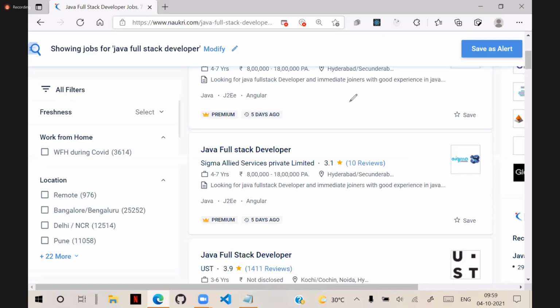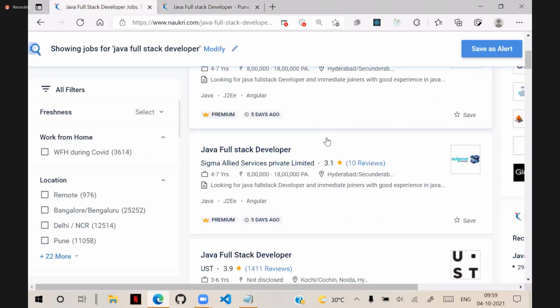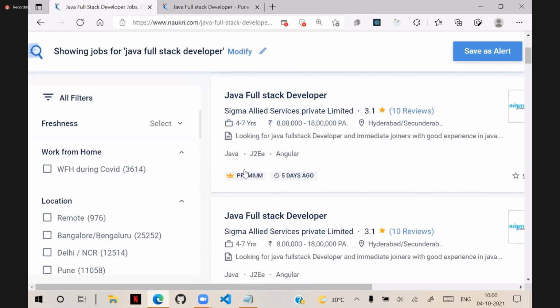You can see the companies here, what they ask. You can see some companies here. You see the company's Java full stack developer, and they are asking for knowledge of Angular. They are asking for knowledge of Angular, right?